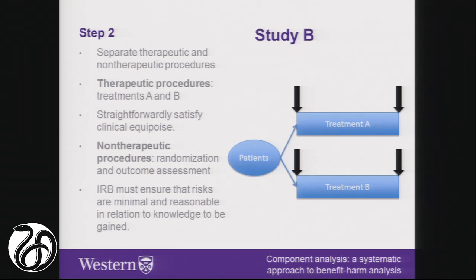The non-therapeutic procedures only involve randomization and outcome assessment, and the usual sort of IRB tasks apply there. So I think the difficult questions here are not at all in terms of the standard IRB harm-benefit considerations. They're really in terms of step 1 in component analysis.